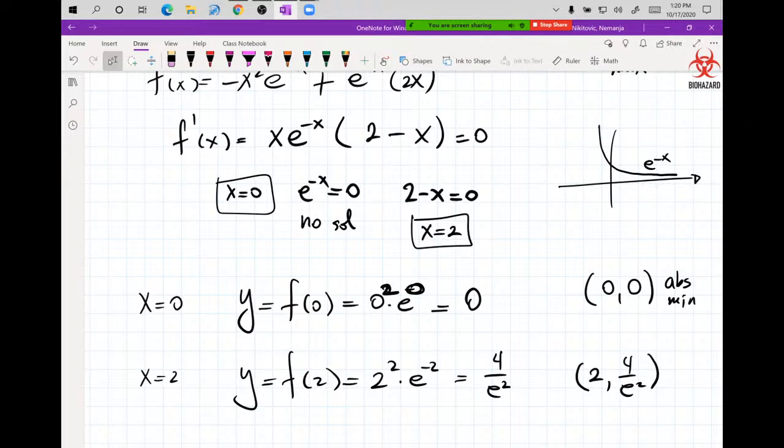Asymptotes, you should know from before that they are preserved between the function and the derivative. So if the original function has a vertical asymptote somewhere, then the derivative will have the asymptote at the same place.